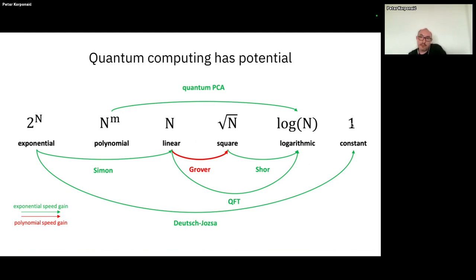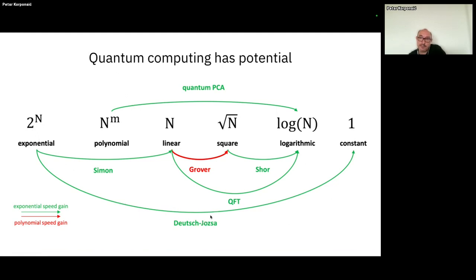So we have different complexities from exponential, which is the most complex in this picture, going to constant complexity. And the green and red lines are showing some common and frequently used quantum algorithms. And you can see that some quantum algorithms can perform a calculation which has exponential complexity in constant time.